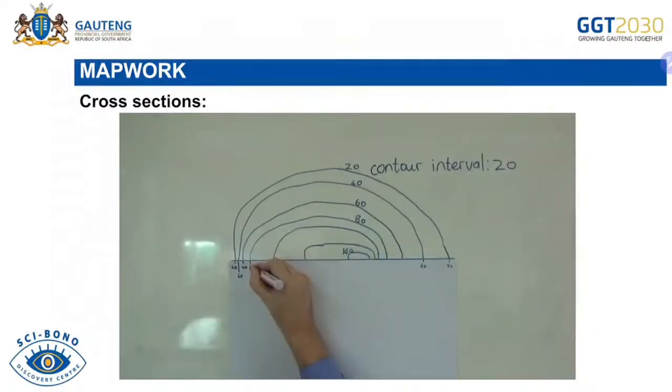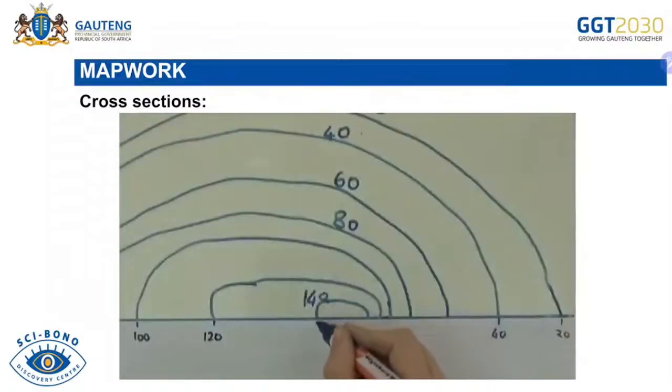Then we go to 80, 100, 120, and then as we can see, this line here is 140. This is once again going to be 140. Now here is where you must make a note to remind yourself that this area between these two lines, or where these lines cross the horizontal line, is higher than 140 unless there's something strange going on there.